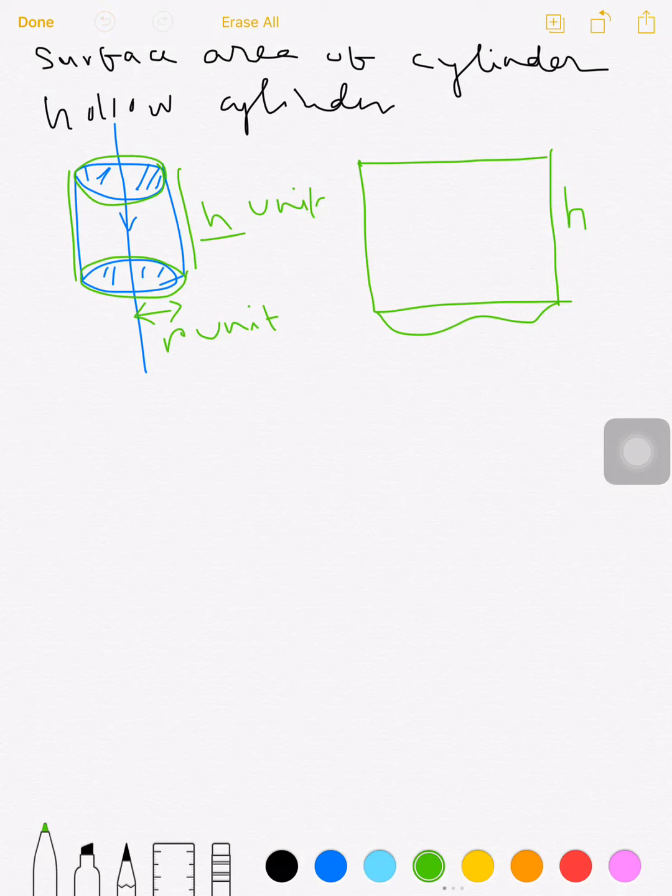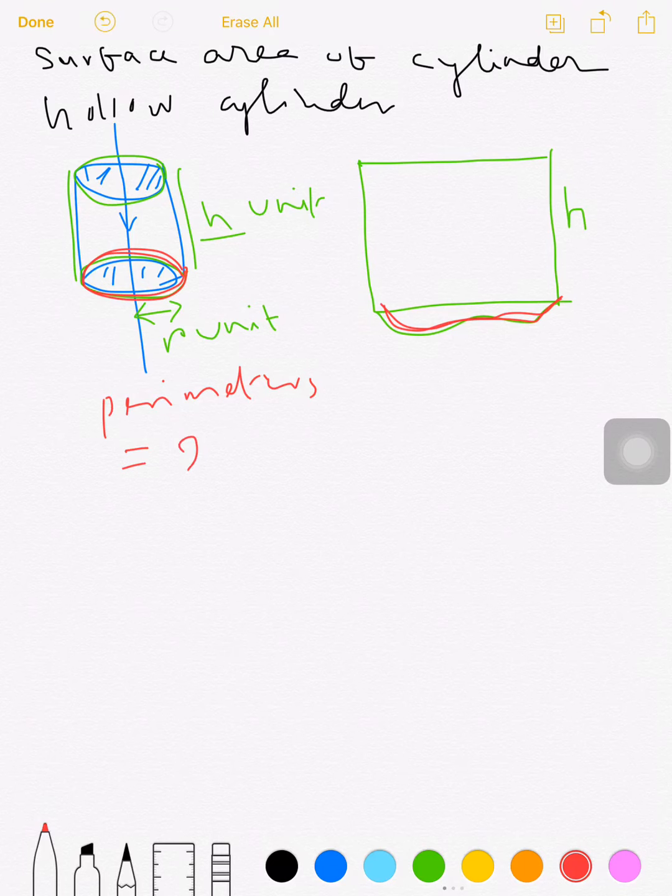Let's calculate that one. So in order to calculate that one, what you will see is that the length that we have got over here is nothing but the perimeter of the circle. So if I can calculate the perimeter of this circle, then we can use that as the side length of the rectangle. So let's calculate what will be the perimeter.